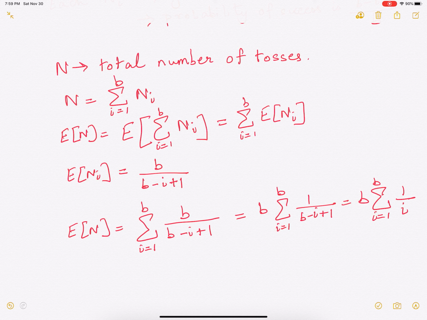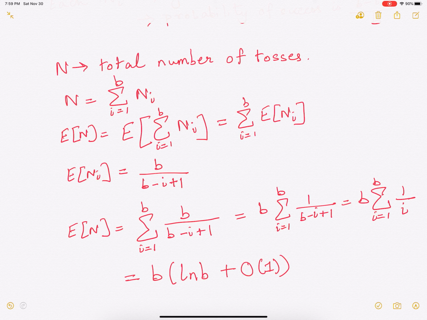Now if you write it in that form, and if you have a large number of bins, you can write it approximated by b ln b plus O of 1, where O of 1 is a constant, and we are not trying to find the exact expression.